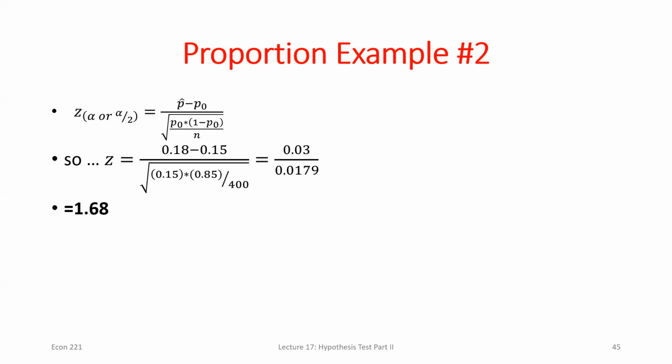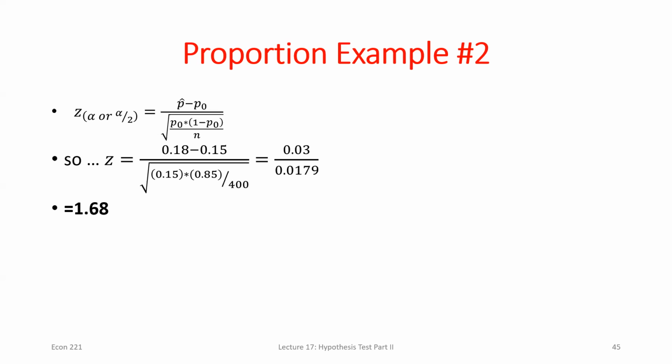This is where drawing it out, if you really want to, helps. You can remember that this is when you reject, so I reject if this is true. Is my test statistic greater than my critical value? I can compare it to every single one of these and make my rejection decision that way. If I draw this out and plot that test statistic of 1.68, I can clearly see it's in the rejection region for an alpha of 0.1 and 0.05.